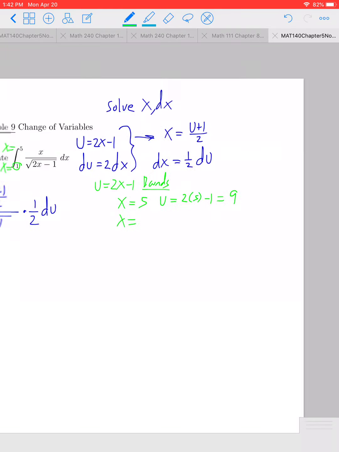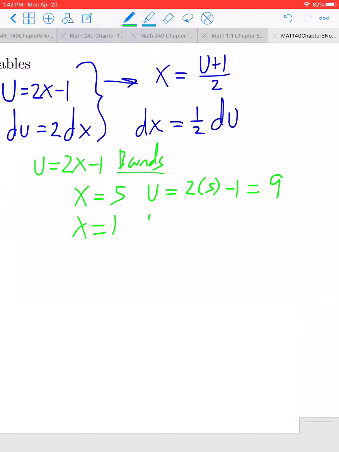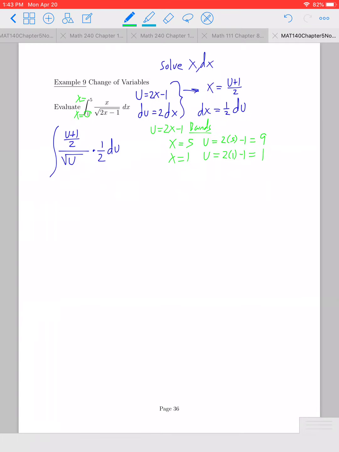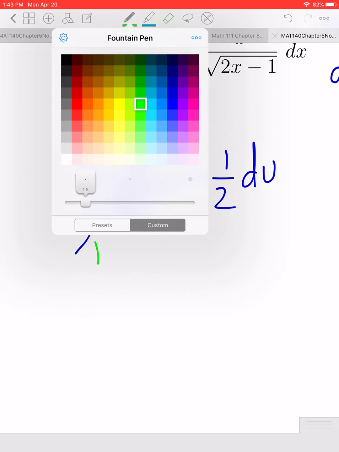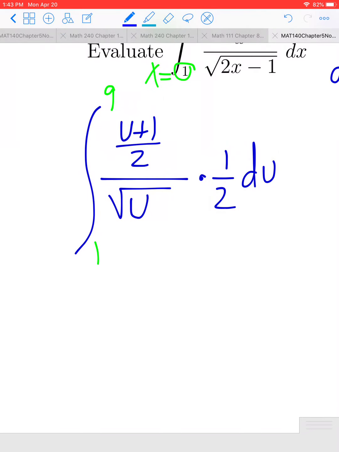And then when x is equal to 1, u will be 2 times 1 minus 1, which is 2 minus 1, which is 1. So the new bounds are going to go from u equals 1 to u equals 9.